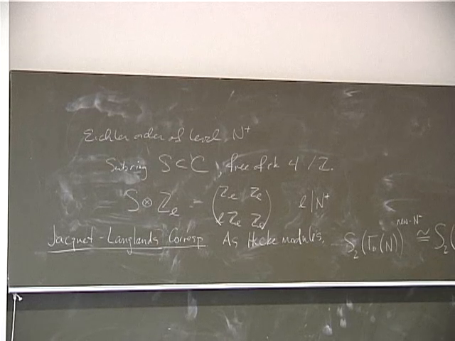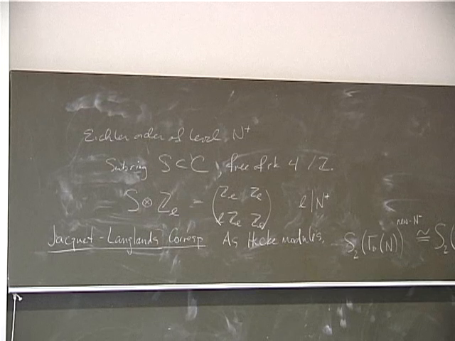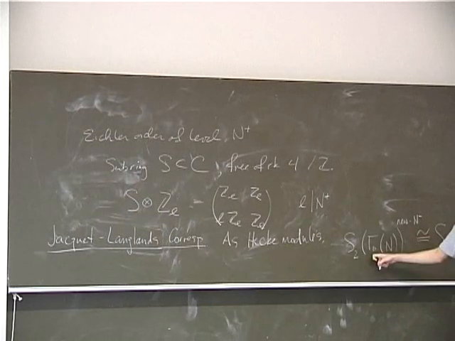And you shouldn't think of this isomorphism as being canonical. It's not normalized. What it really is, is a statement saying the same systems of Hecke eigenvalues occur in this module as in this module.